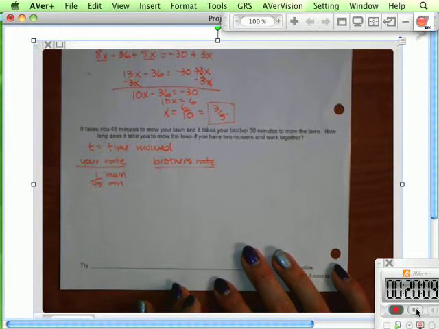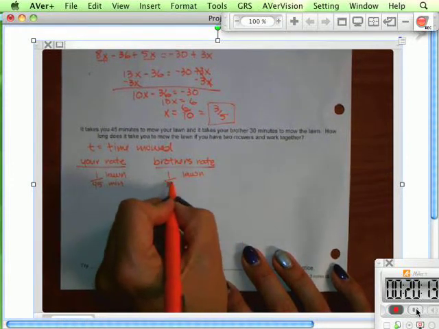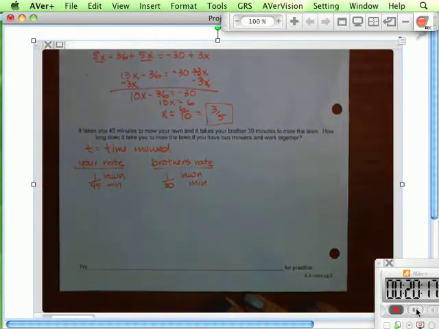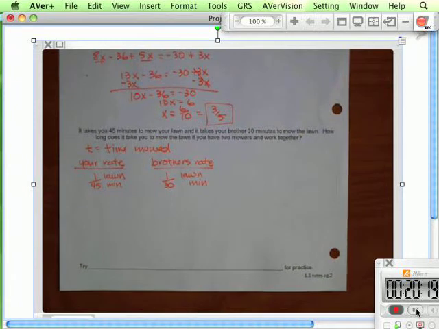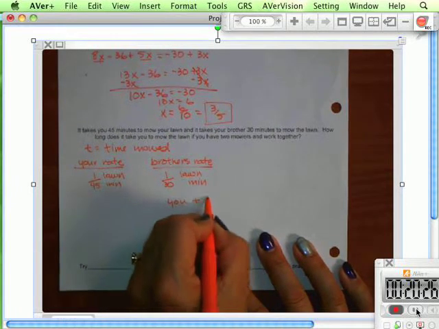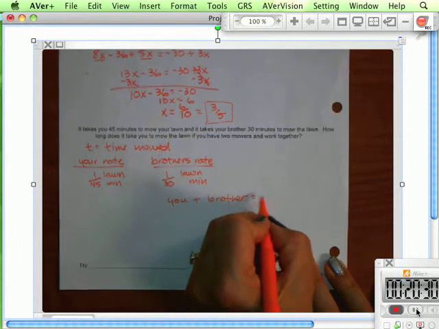So he does 1 lawn in 30 minutes. So you want to know how fast you and your brother together can mow 1 lawn. So you plus brother equals 1 lawn.